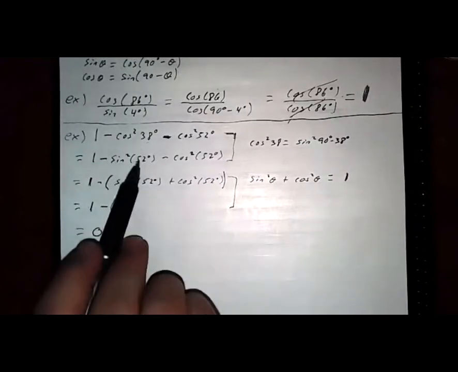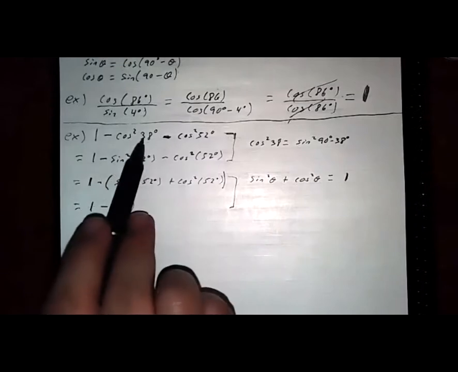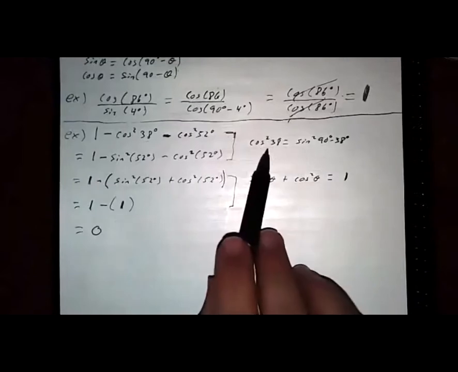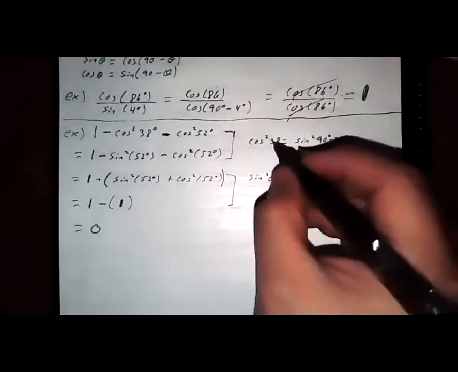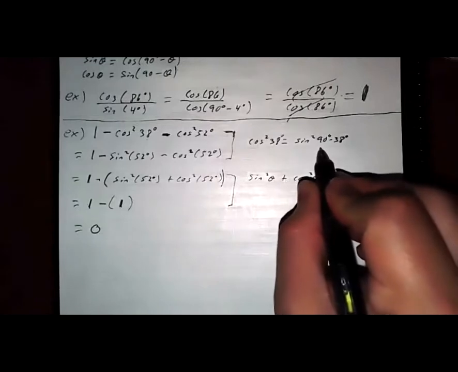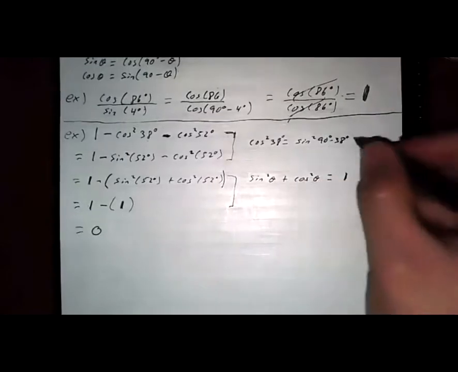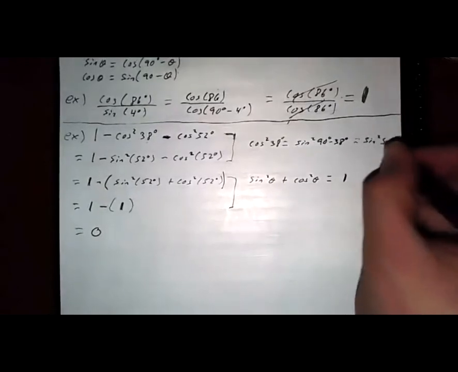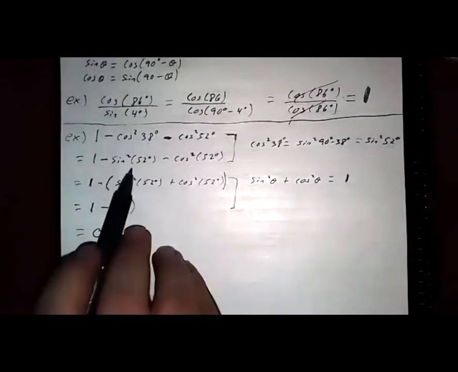What did I use? I used the complementary theorem, and this is what I left out. Cosine squared of 38 degrees is equal to sine squared of 90 degrees minus 38, which gives you sine squared of 52. So that's where this came from.